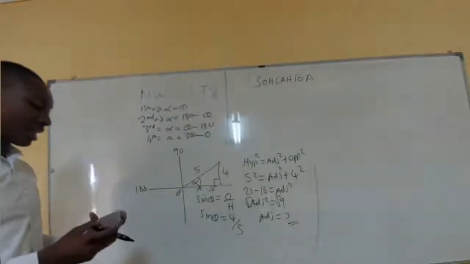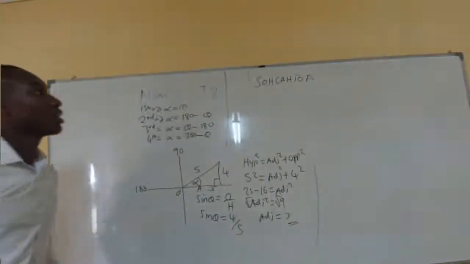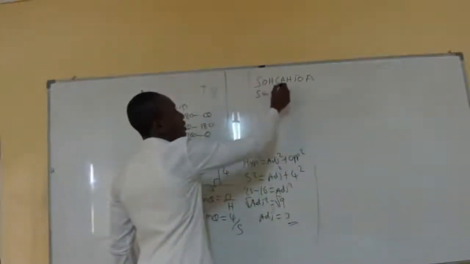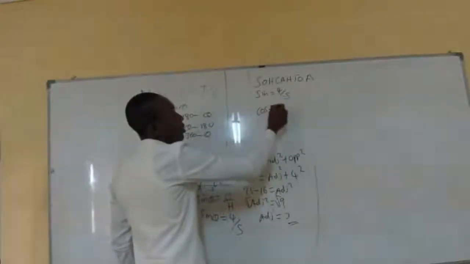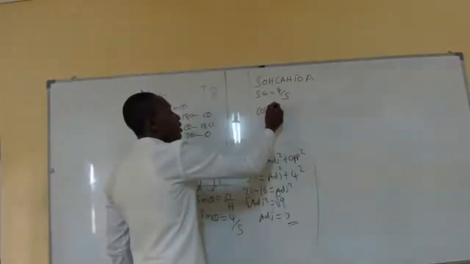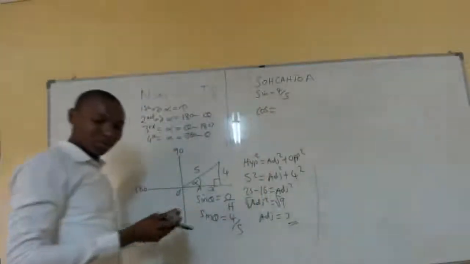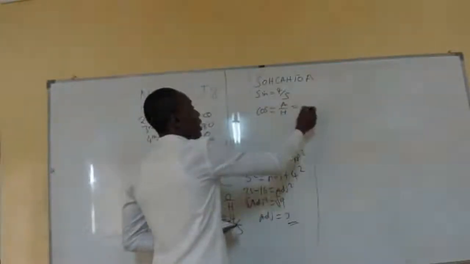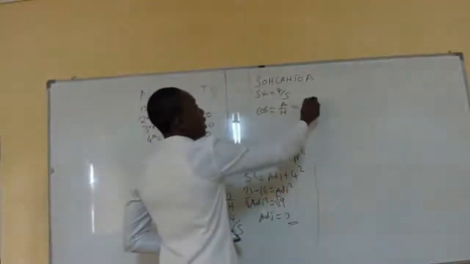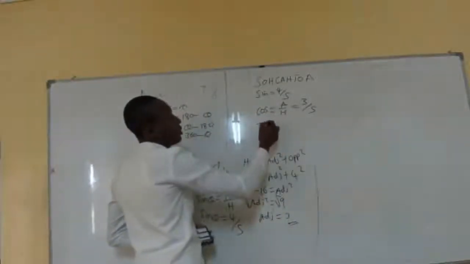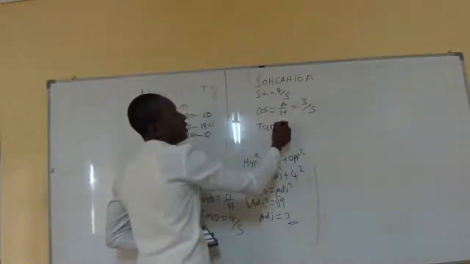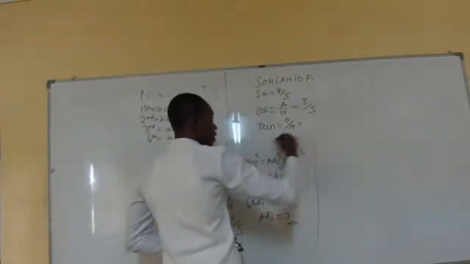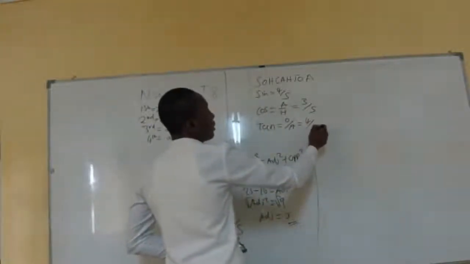Sine is opposite over hypotenuse, given as 4 over 5. Cos, from CAH, is adjacent over hypotenuse: adjacent is 3, hypotenuse is 5. Tan is opposite over adjacent: opposite is 4 and adjacent is 3.